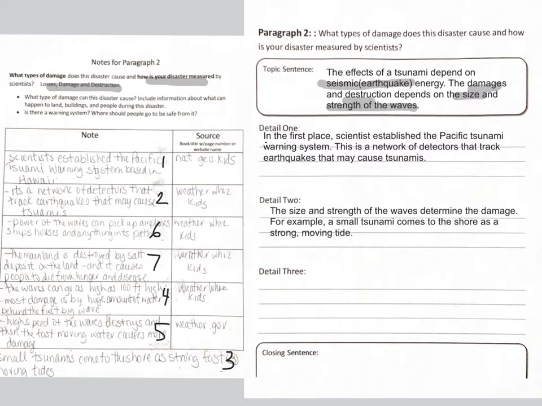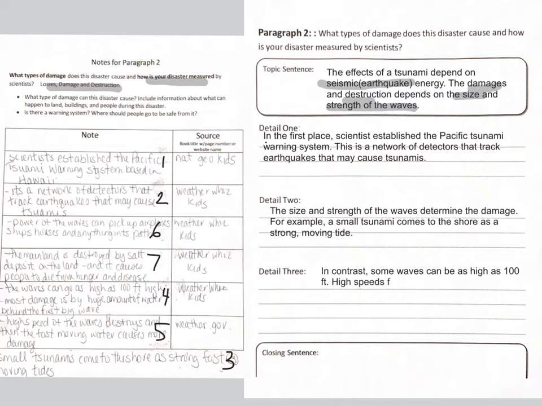Now I'm going to look at the large waves, and since I'm using the opposite effect, I'm going to use an opposite transition word. So I'm going to say in contrast, which means the opposite, some waves can be as high as 100 feet. Okay, so now I'm going to continue.